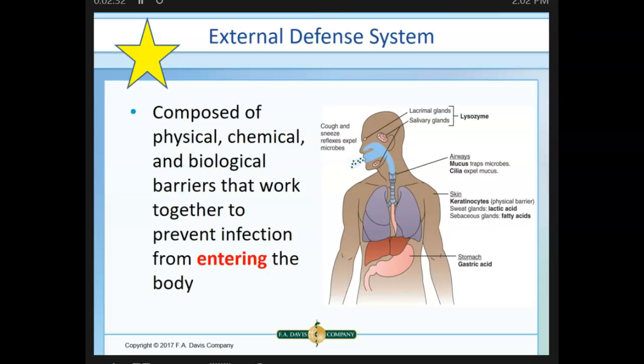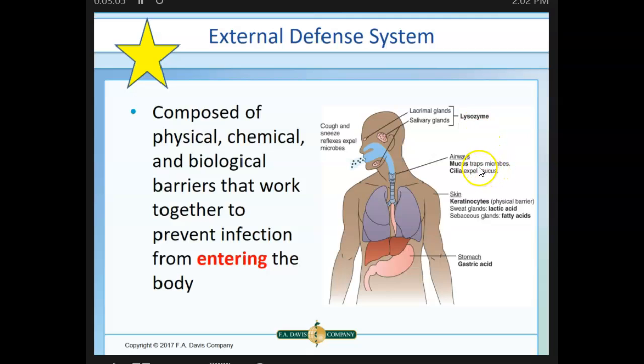The external defense system is composed of any physical, chemical, and biological barrier that work together to prevent infection from entering the body. This includes coughing, sneezing, reflexes to expel microbes, salivary glands, and tear ducts. These include an enzyme called lysozyme to break down any bacteria that enters or lands in the skin.